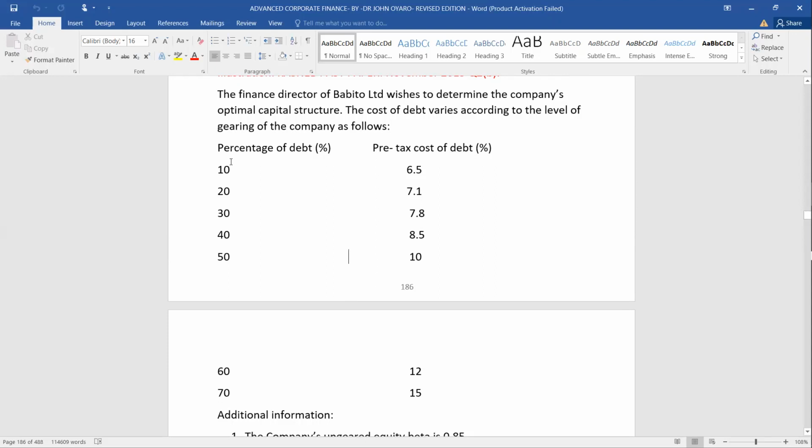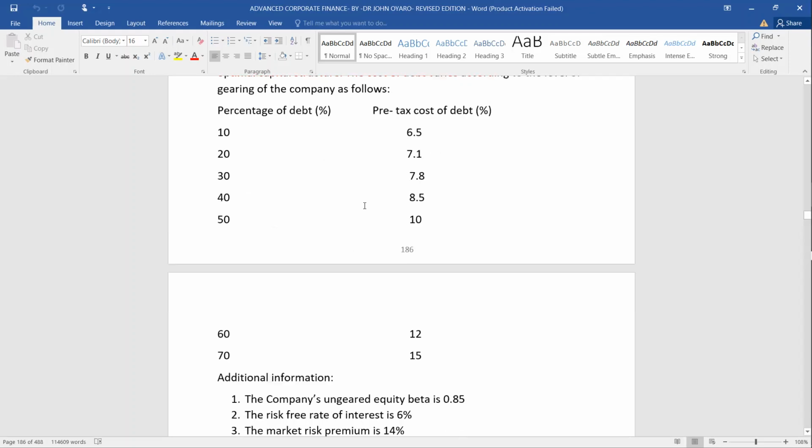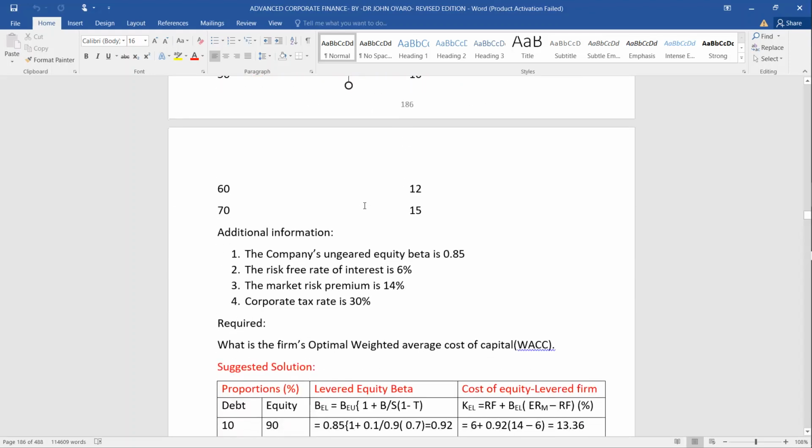If the proportion of debt is 10%, then equity is 90%. If the proportion of debt is 20%, equity should be 80. If the proportion of debt is 30%, equity is 70. That one you should be able to infer straight away. Additional information: the company's ungeared equity beta, 0.85. Ungeared, this is the unlevered beta of equity, which is sometimes simply known as the asset beta.